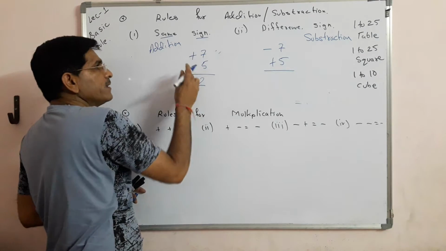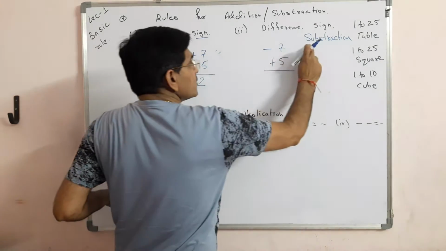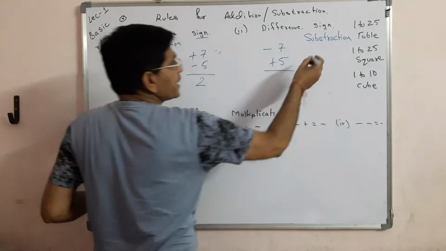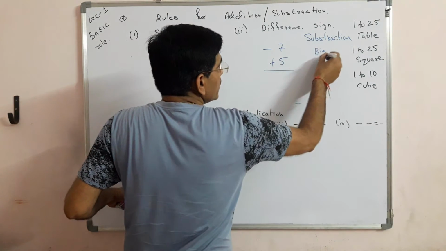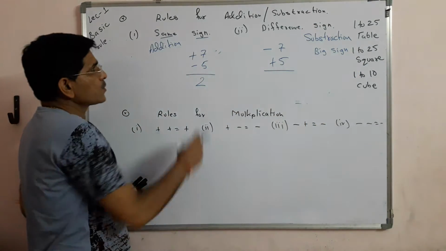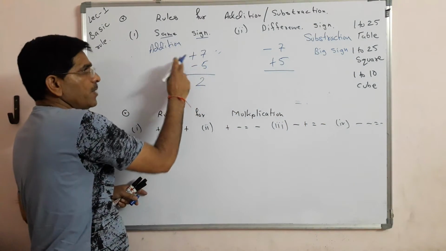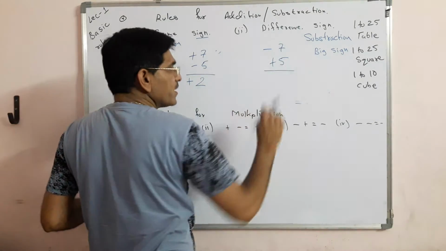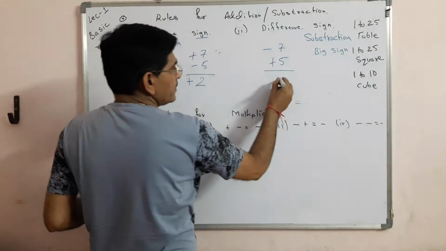Now plus minus, always difference of signs. What do you have to do? Subtraction. Now what do you have to do? Big term sign. Who is the big term? Which sign do you have to put? Big term. So who is the big term here? Plus. So I have to write plus 2. Now here, difference of sign, again subtraction.